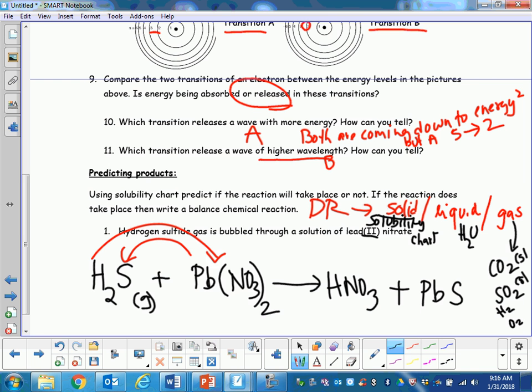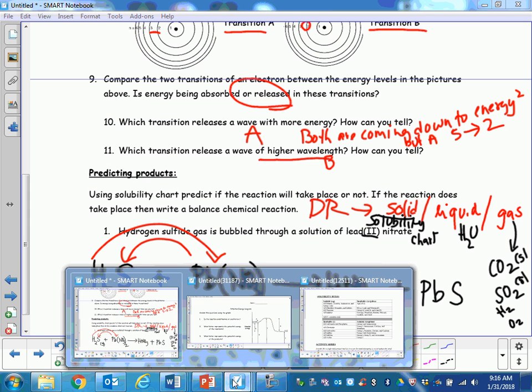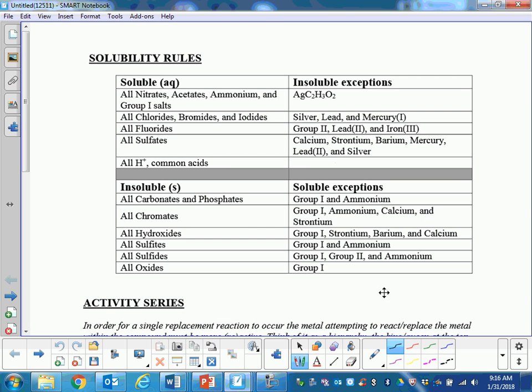Will this reaction happen or not? I'm looking at my solubility chart. Alright, I'm looking at nitrates. Remember, I look at the second half first. All nitrates are soluble. What was the first half of the nitrate? Hydrogen. Is it right for me to say it's a solid?